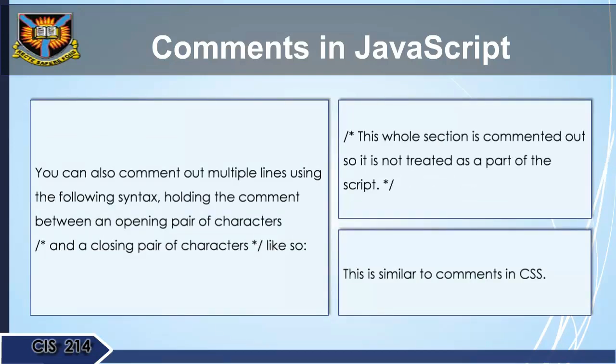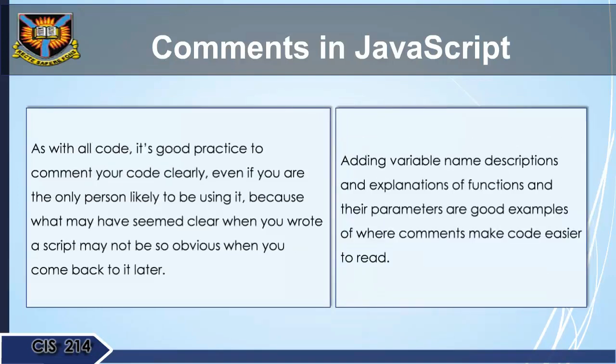You can also comment out multiple lines using the following syntax, holding the comment between an opening pair of characters, /*, and a closing pair of characters, */, like so. This whole section is commented out, so it is not treated as a part of the script. This is similar to comments in CSS.